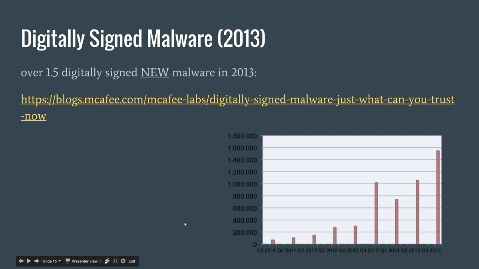In 2013, it was reported that over 1.5 million digitally signed new items of malware were discovered. And you would assume that digital signatures, requiring a binary to have a trusted, valid digital signature that your OS vendor trusts and whose chain is intact, would be sufficient to prevent most malware from affecting your systems.